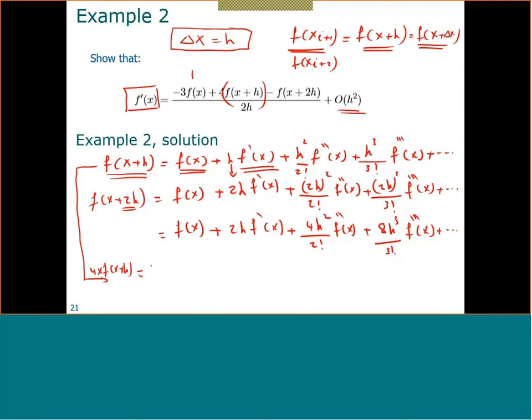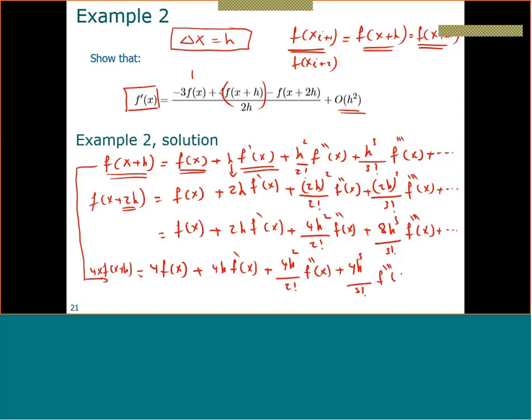So this becomes 4 f of x plus 4h f prime of x plus 4h squared divided by 2 factorial f double prime of x plus 4h cubed over 3 factorial f triple prime of x plus.